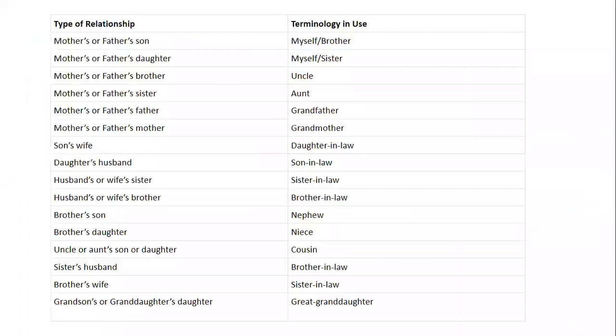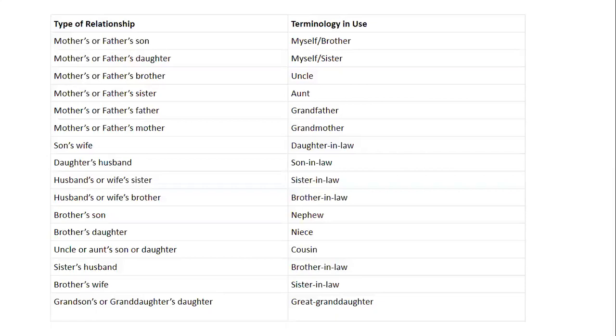Now the types of relationship and the terminology we use for them. Mother or father's son: I am there, and my father's son means who? It will be me or my brother. Suppose my father has only one son, then surely 100% it is myself.